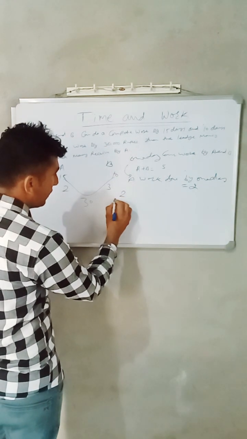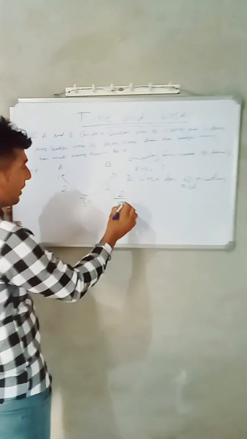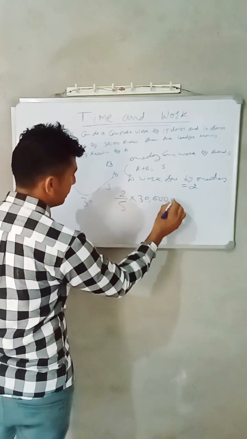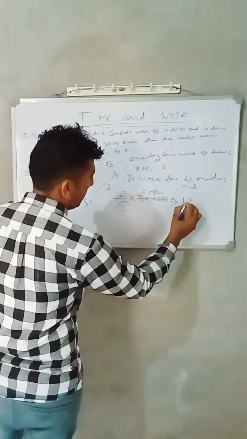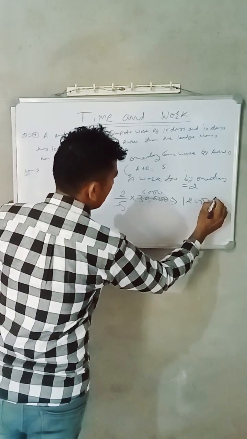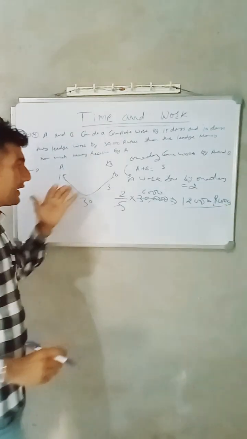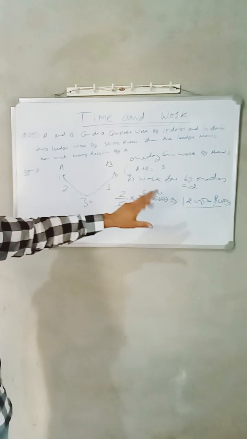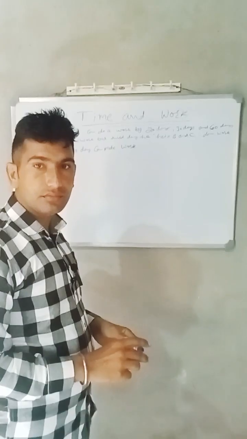A and B's work in 1 day is 5, which equals 30,000, so 1 part is 6,000. A gets 2 parts, which is 12,000 rupees. So A received 12,000 rupees in lease money and B received 18,000 rupees.